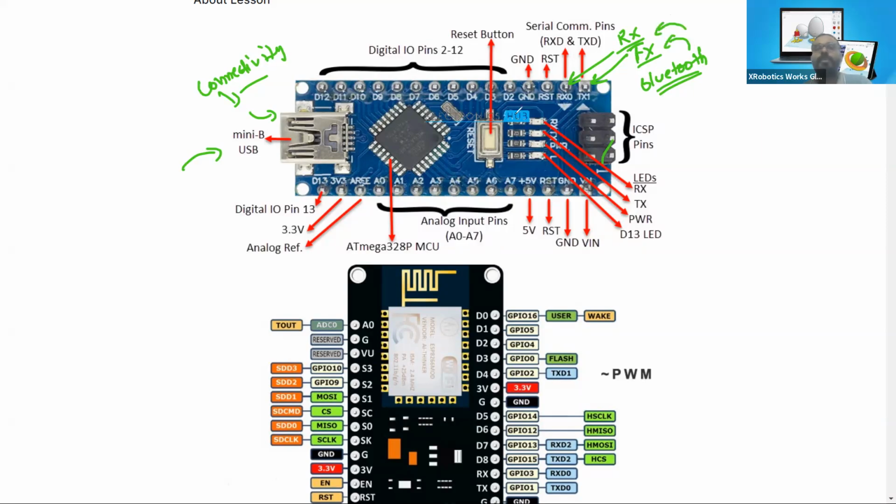And apart from this GND, we have another GND as well. Both serve the same purpose. There is no difference between this GND and the GND on the bottom. Those pins are the same. The reason to have more than one GND pin is that we are not going to limit ourselves to only one device along with the microcontroller, right?